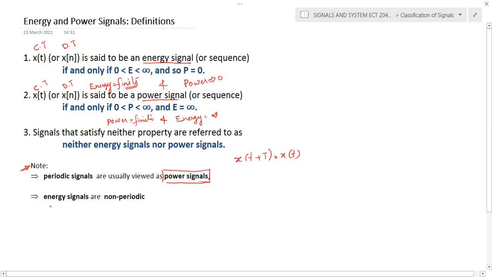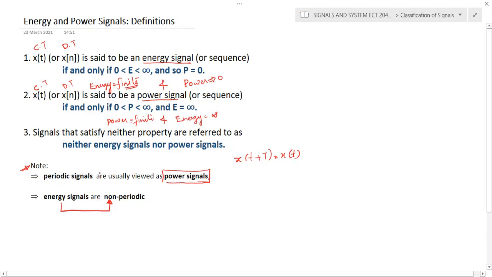Now we come to the next point: if the signal is an energy signal, it definitely becomes a non-periodic signal. But the reverse is not always true, because not all non-periodic signals are energy signals.